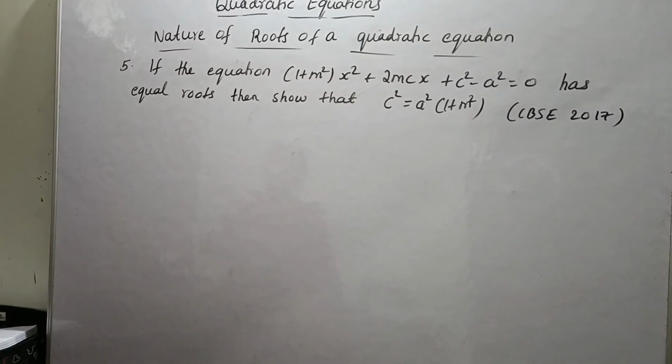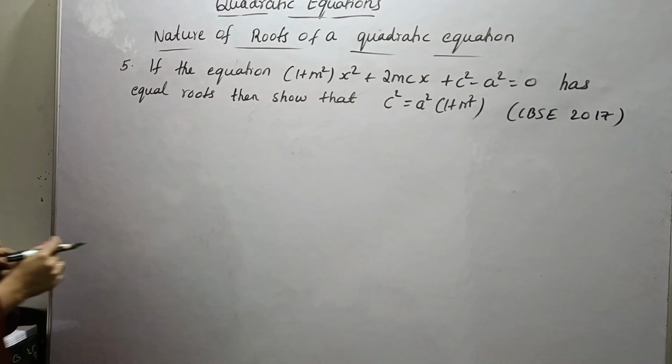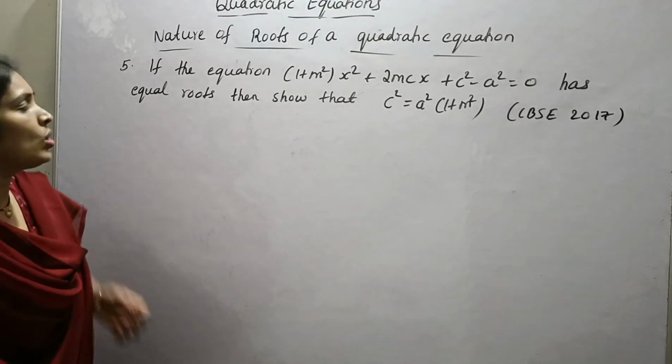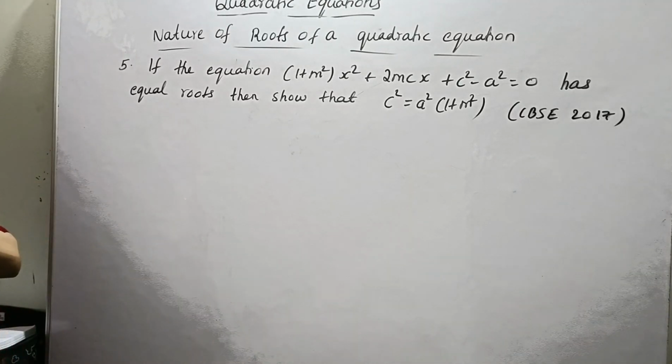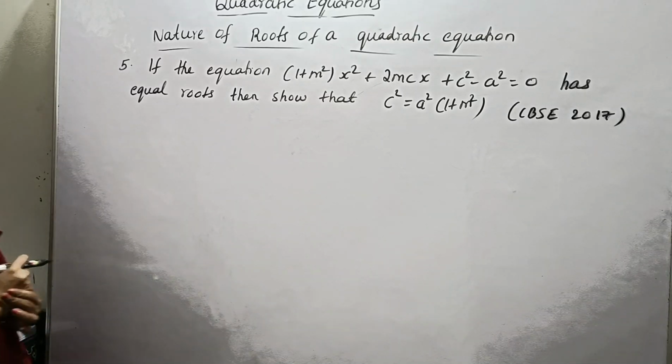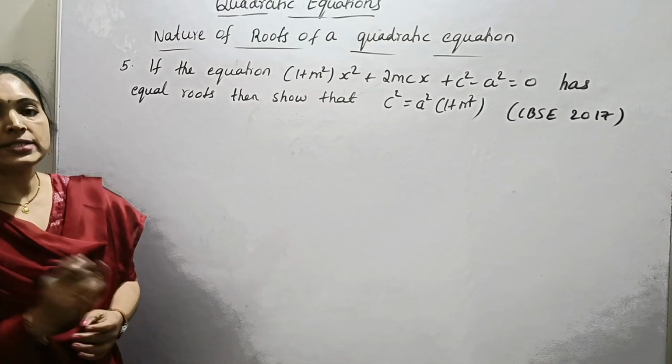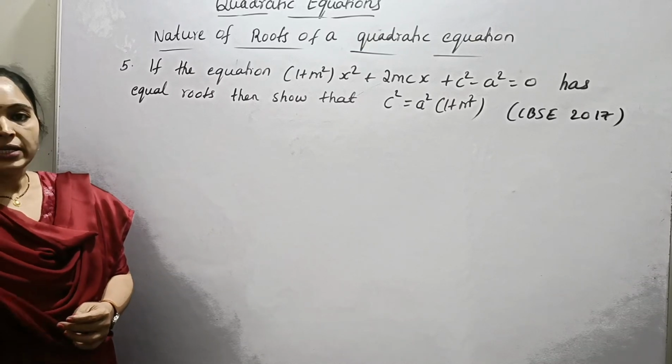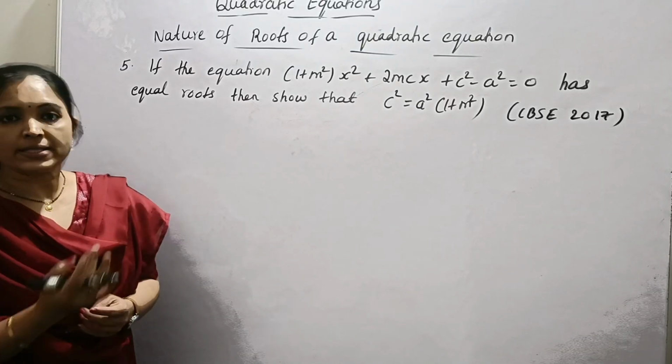If the equation 1 plus m square x square plus 2mcx plus c square minus a square is equal to 0 has equal roots, then show that c square is equal to a square into 1 plus m square. Okay, here it is given that given equation has two equal roots, means it has only one root, that is real.